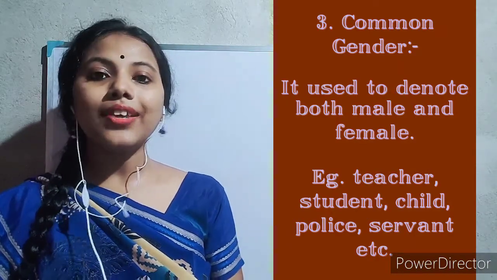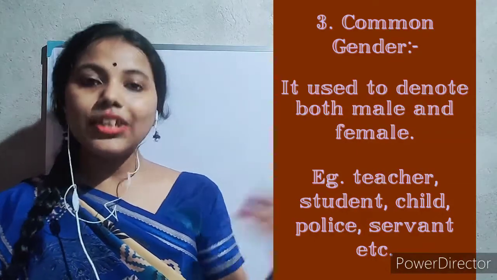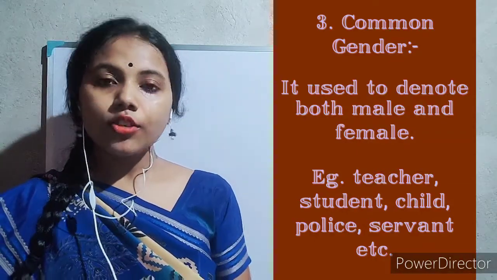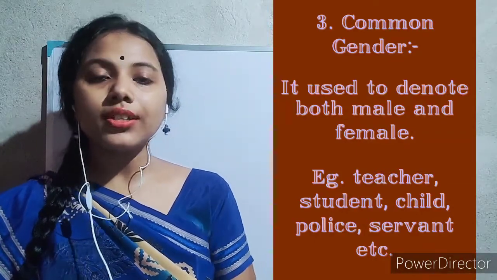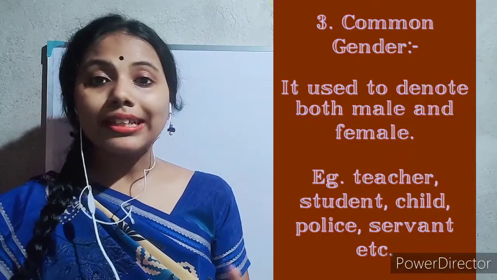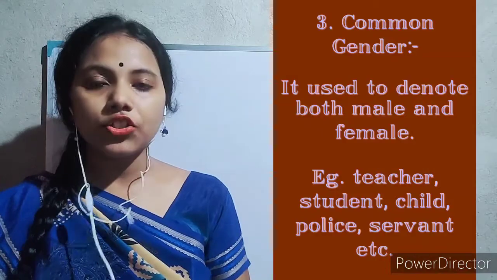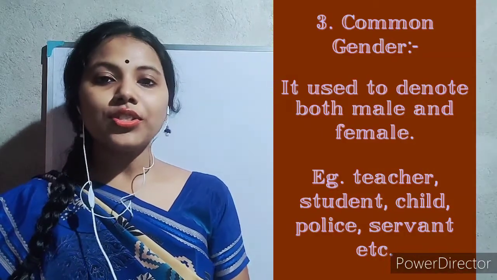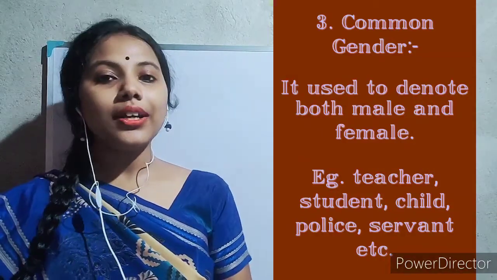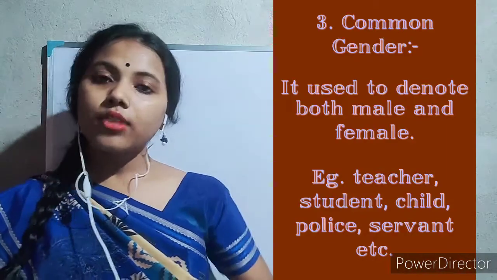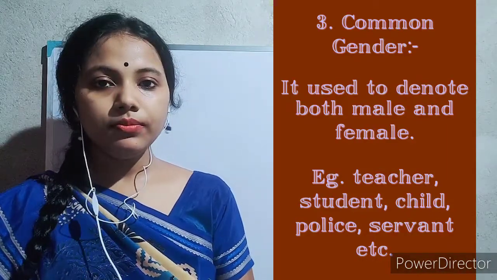For example, if I say teacher, the teacher is coming. So you see, when I'm telling the teacher is coming, here it is not clearly understood that whether a male teacher is coming or a female teacher is coming. So you see, we can use the word teacher for male as well as for female.